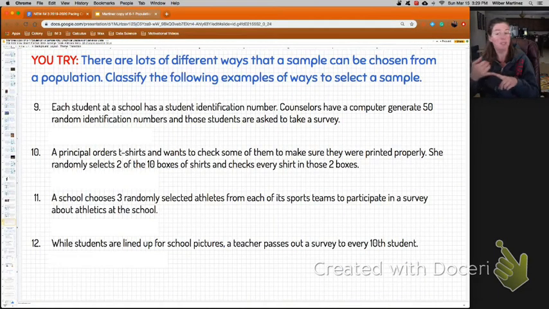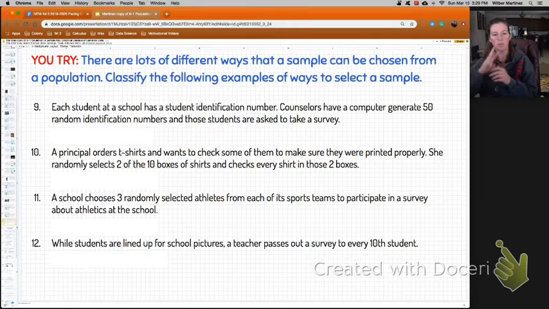So I'm thinking it's either stratified or cluster. So remember, stratified would be if they choose a few shirts from each box, and cluster would be if they check every shirt in a couple boxes. So if you read it carefully, it says she randomly selects 2 of the 10 boxes of shirts and checks every shirt in those 2 boxes. So that is an example of cluster sampling. So we've divided the 10 boxes and we're going to take 2 of them and check all of the shirts in those 2 boxes.